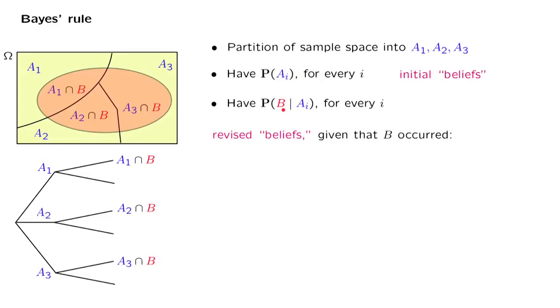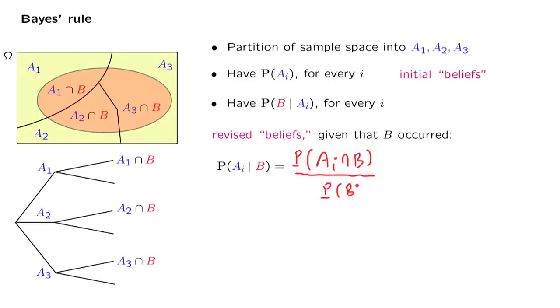Then the probabilistic experiment is carried out, and perhaps we observe that event B did indeed occur. Once that happens, maybe this should cause us to revise our beliefs about the likelihood of the different scenarios. Having observed that B occurred, perhaps certain scenarios are more likely than others. How do we revise our beliefs? By calculating conditional probabilities. And how do we calculate conditional probabilities? We start from the definition of conditional probabilities. The probability of one event given another is the probability that both events occur divided by the probability of the conditioning event.